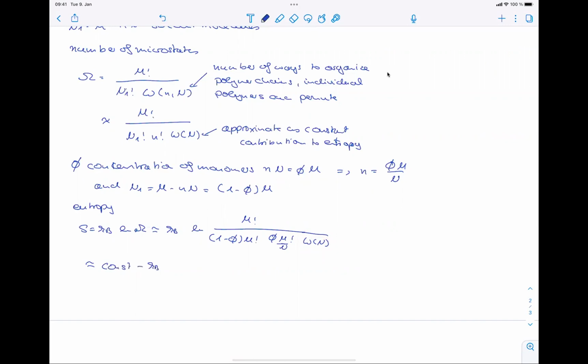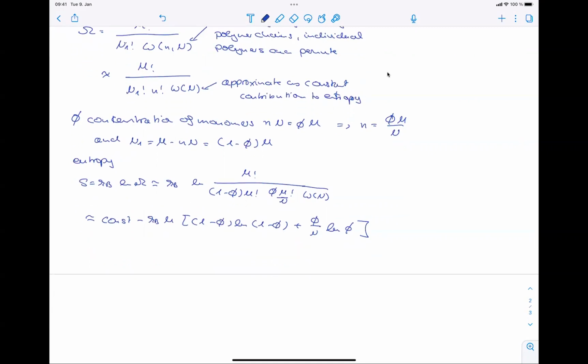And we find a similar contribution here. The only correction is that now here I have a phi over N popping up. Otherwise, it looks very similar to the correction for the binary mixture free entropy that we had before.